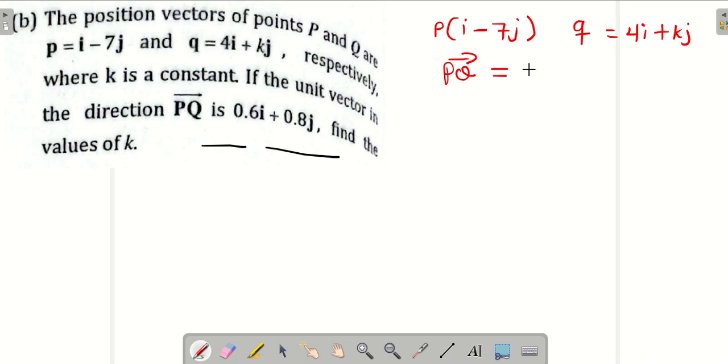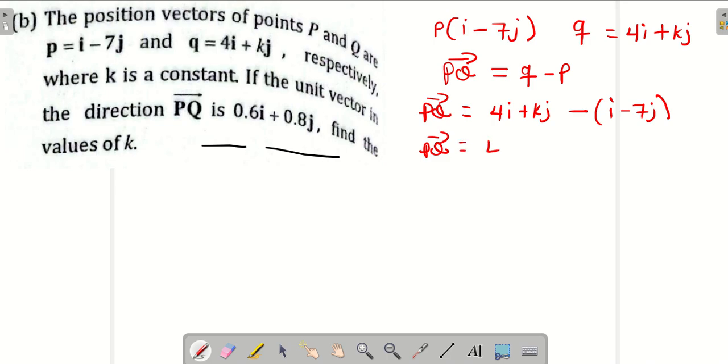And we know that vector PQ is Q minus P. So PQ is given as Q, which is 4i plus Kj, then minus P. P is i minus 7j. So we have PQ equal to 4i plus Kj minus i, then plus 7j. So 4i minus i is 3i.